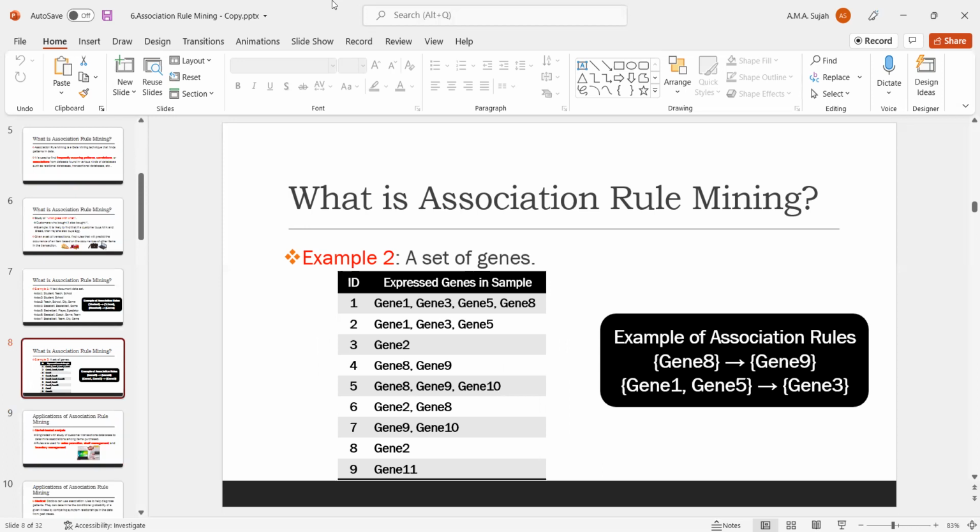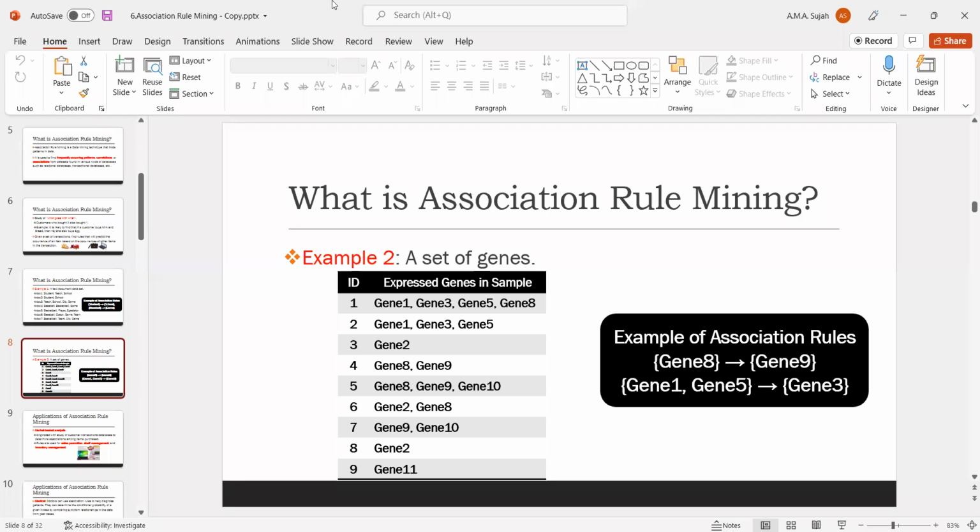This is nine patient records of people affected by dengue. So we know they have some different genes in their cells. By applying association rule mining, we can find out, if you look at each and every transaction, if gene 8 is there, definitely that person contains gene 9, in transaction IDs 4 and 5.